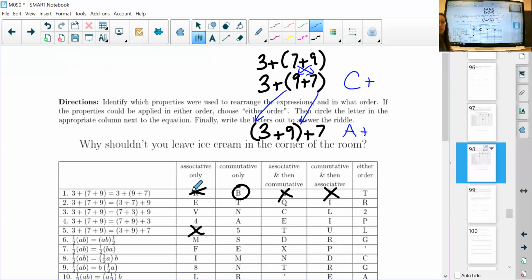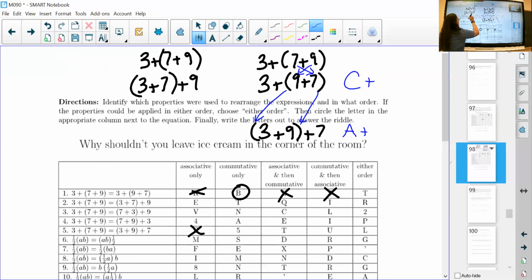Could I do associative first? Well, let's try it. 3 plus 7 plus 9. 3 plus 7 plus 9. I can do that. That's allowed. Associative of addition. But now I need to swap my 7 and my 9, and they're not together. They're not in the same parentheses.